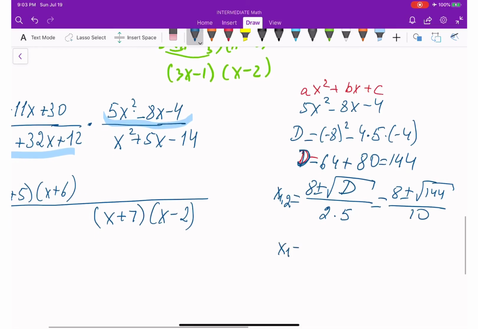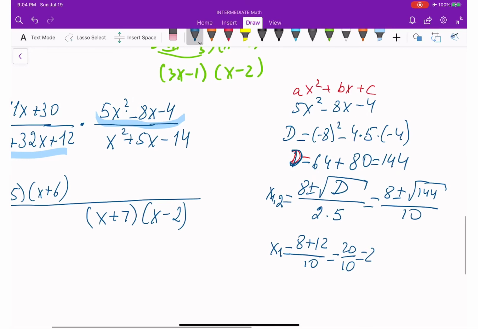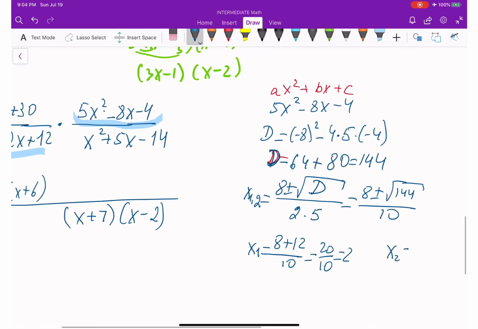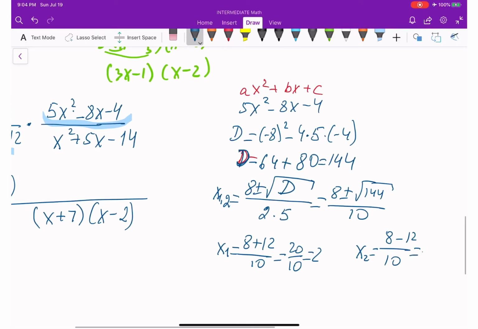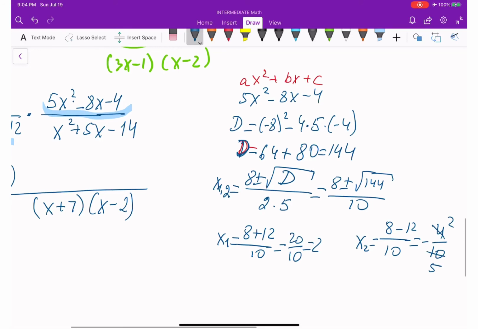So x1 is equal to 8 plus 12 over 10, that will be 20 over 10, equal to 2. And x2 is equal to 8 minus 12 over 10, which is negative 4 over 10. This is 2, this is 5, negative 2 over 5.